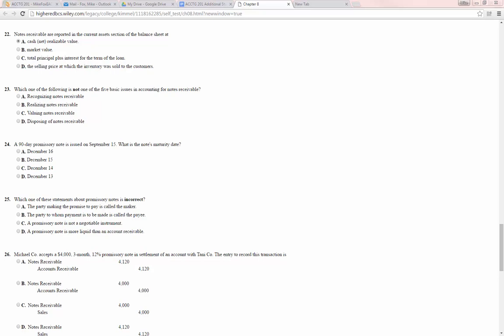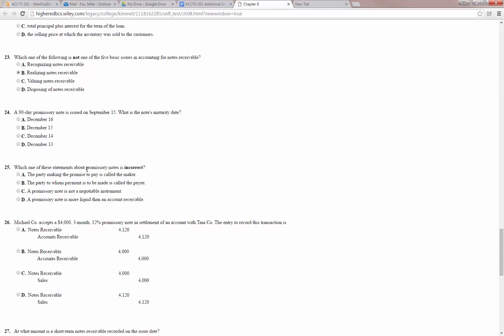So let's see, let me think through it. Recognizing notes receivable, in other words, how do we record them in the books? Realizing, that's not going to be in the book. Valuing, disposing, so it's going to be realizing notes receivable.